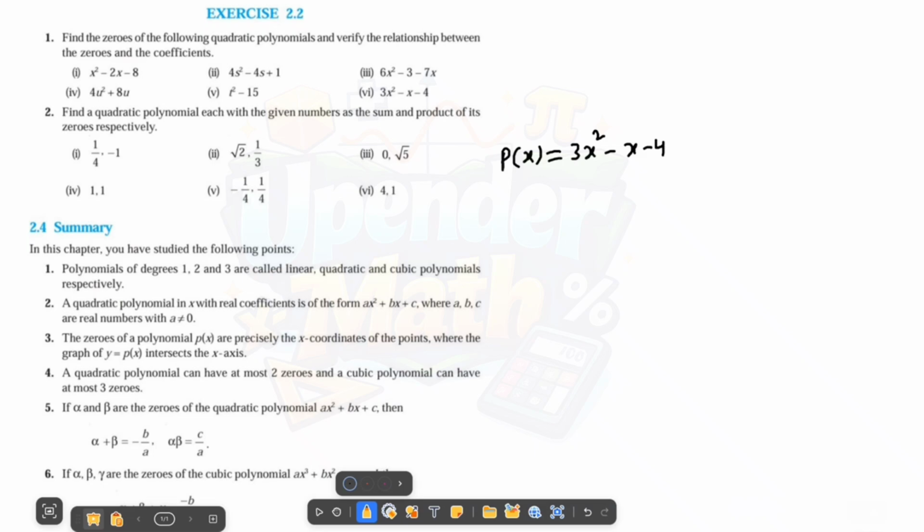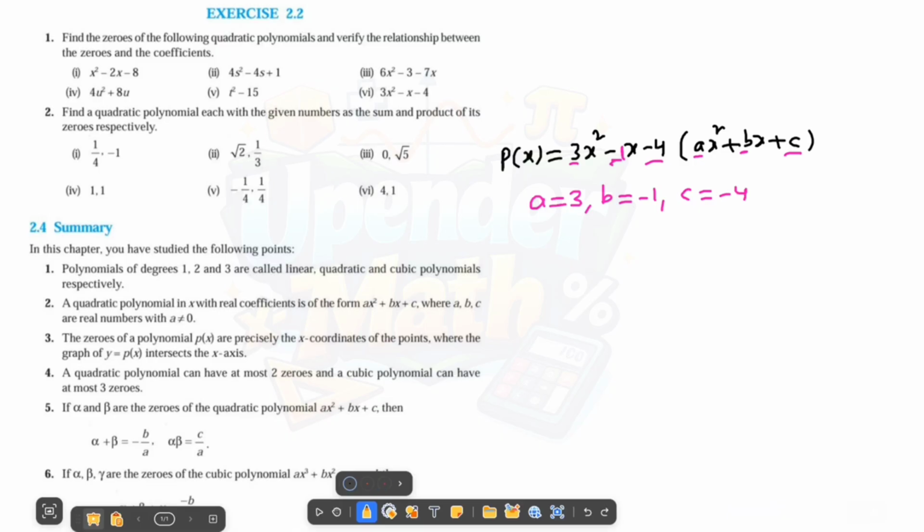If you compare with the general quadratic polynomial ax² + bx + c, the coefficient of x², a, is equal to 3, the coefficient b is equal to -1, and the constant term c is equal to -4.